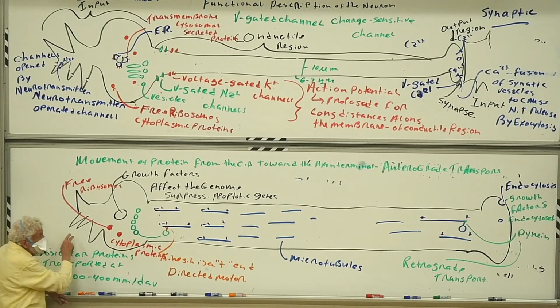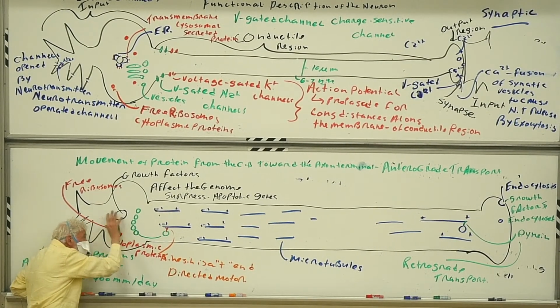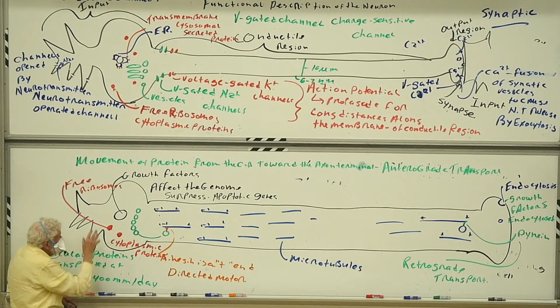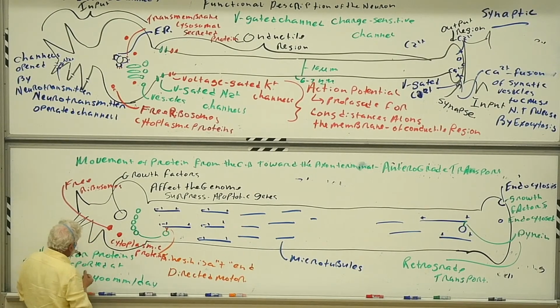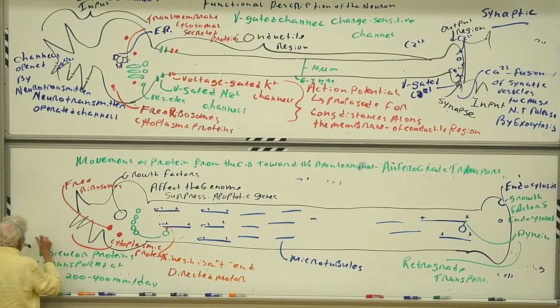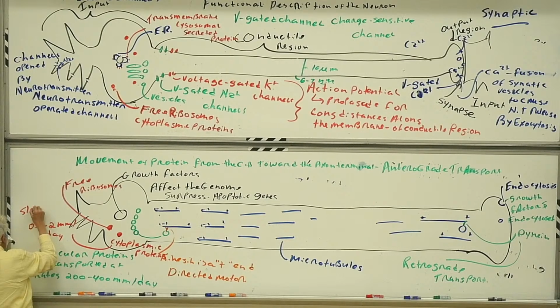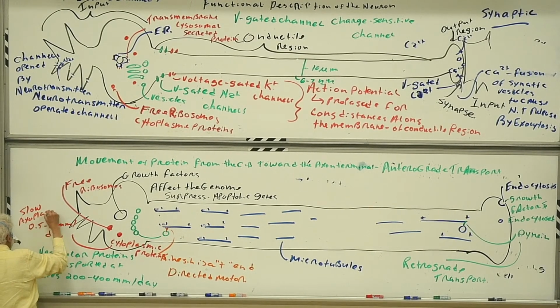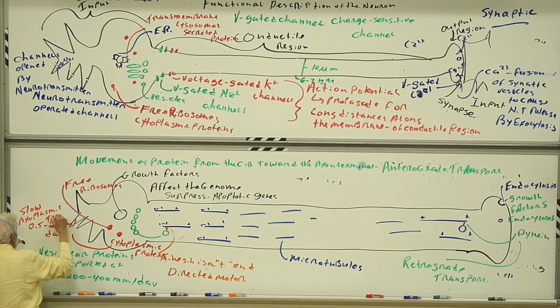They always moved in the anterograde direction. They always moved from the cell body toward the terminal. But the cytoplasmic proteins were transported at a rate of about 0.5 to maybe 2 millimeters per day. So this was said to be slow axoplasmic transport.